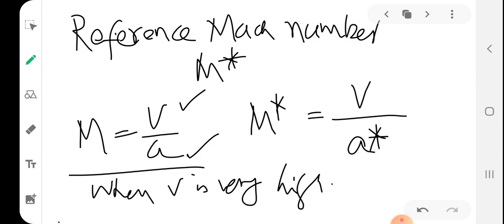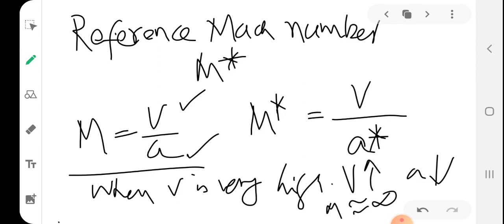Hence, if temperature decreases, root of gamma RT decreases. It means velocity of sound decreases. So V very high means A very low. So Mach will tend to infinity in such cases. So it is very difficult to use Mach when Mach approaches infinity, as it won't be that useful in calculation.